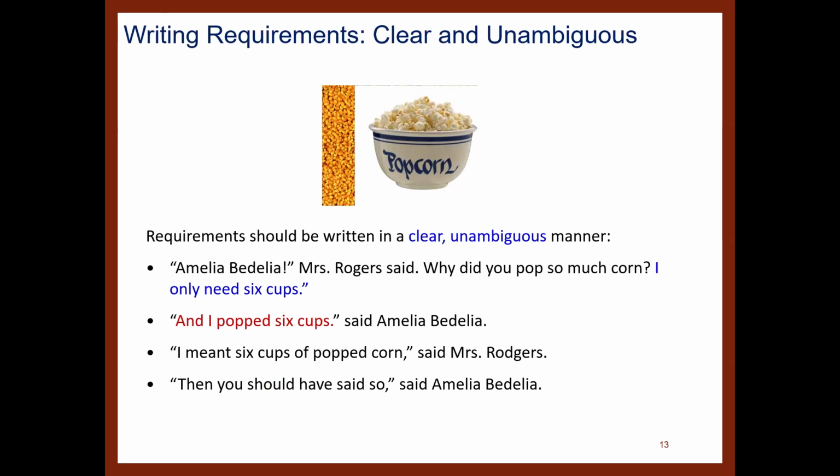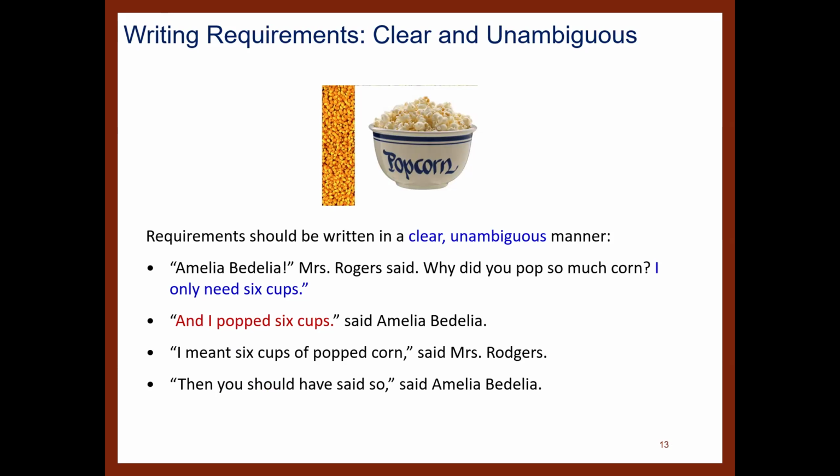Here are some examples of misunderstandings of unambiguous thoughts, right? This is coming from Mr. Rogers and Media. Why did you pop so much corn? Only need 6 cups. And I popped 6 cups, says Media. I meant six cups of popcorn, says Mr. Rogers.